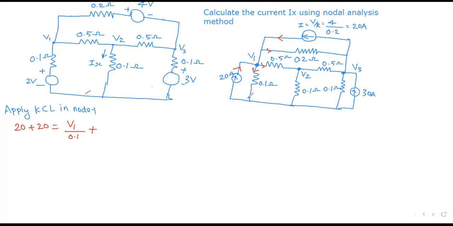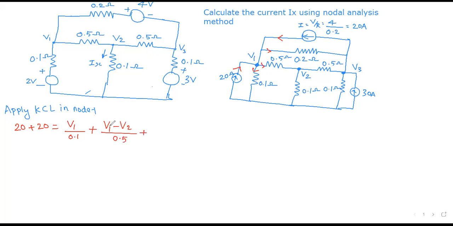Plus, then for the 0.5 ohm resistor, we have two voltages. See both ends of the 0.5 ohm resistor. One point is V1, another point is V2. So V1 minus V2 divided by 0.5.